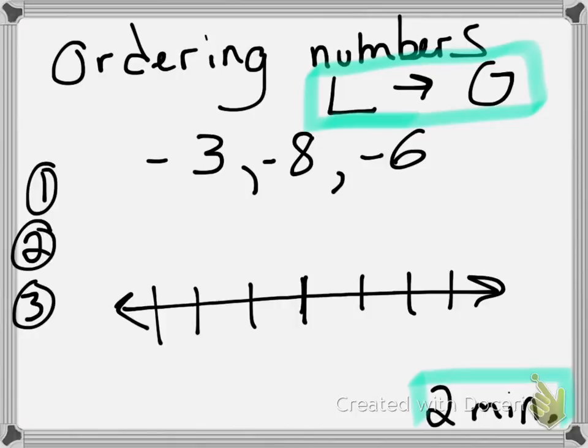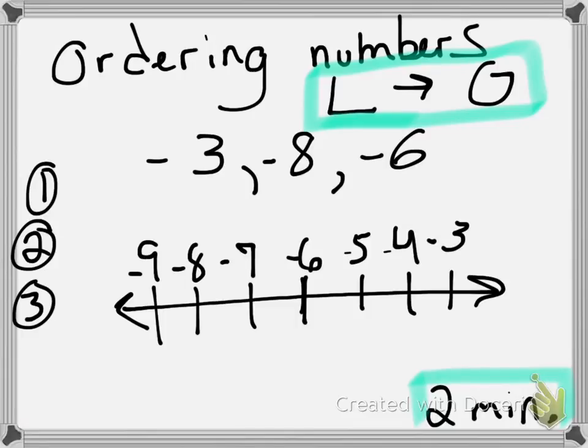Okay, least to greatest. Well, if I had to put this on a number line, say I put number 3 right there, negative 4, negative 5, negative 6, negative 7, negative 8, negative 9. Okay, so the 3 numbers we're using are right here.